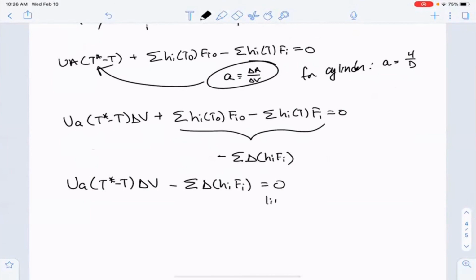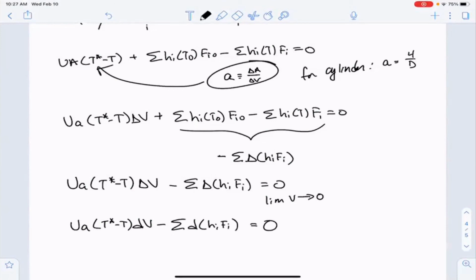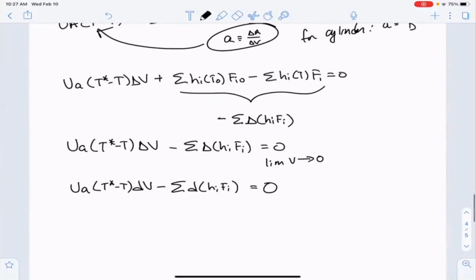And so now we can take the limit as the volume goes to 0. And if we do that, UA times T star minus T dV minus the sum of dHi Fi is equal to 0, right? The deltas just become differentials.